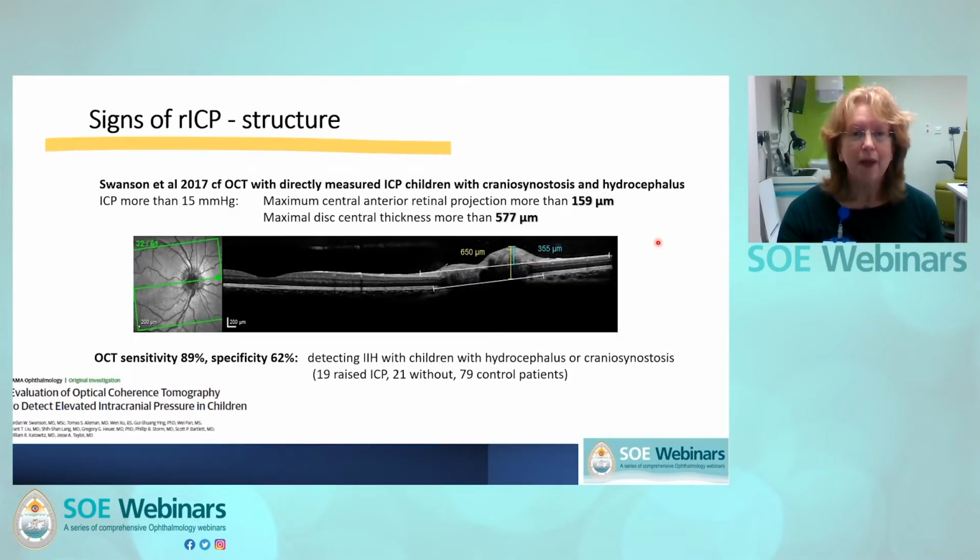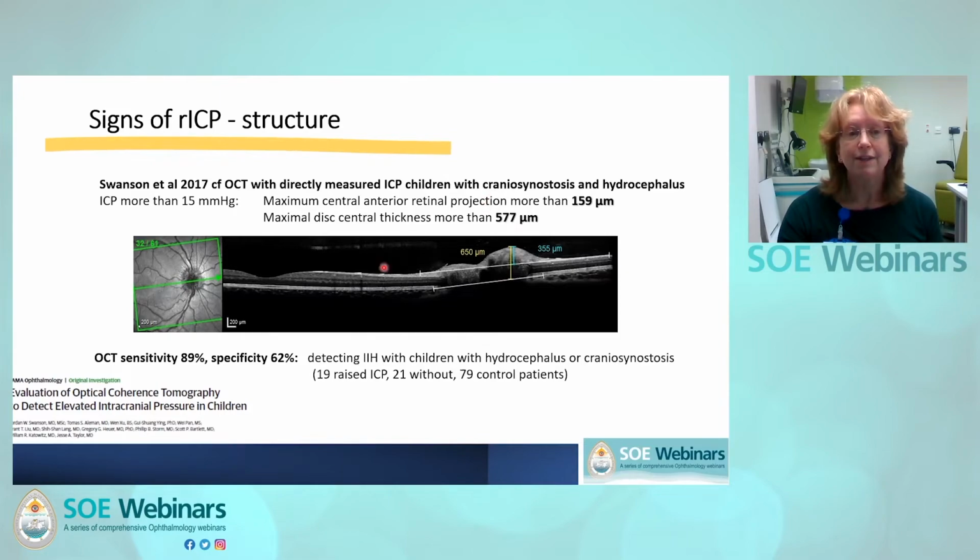Recently, we've got some helpful information from Swanson et al. Because they have looked at OCTs in children who have directly measured ICP. And they've come up with two values. They have a maximum central anterior projection, seen here in turquoise, and a maximum thickness of the central retinal disc.